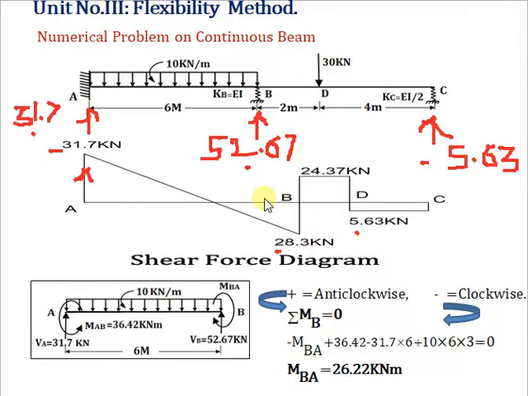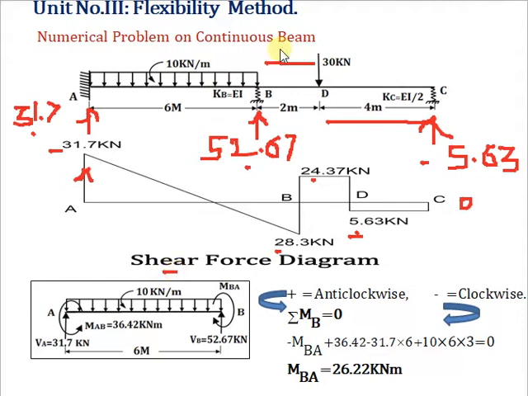Minus 28.3 plus this reaction 52.67, we have 24.37 positive. Then there is no load, so a straight line. Then minus 30, we have minus 5.63, no load, so a straight line, and then minus 5.63 plus this upward force 5.63, we have 0 at C. So this is our shear force diagram.